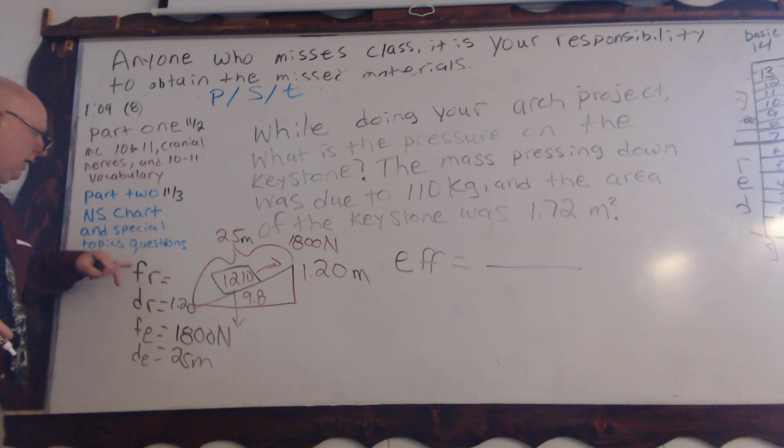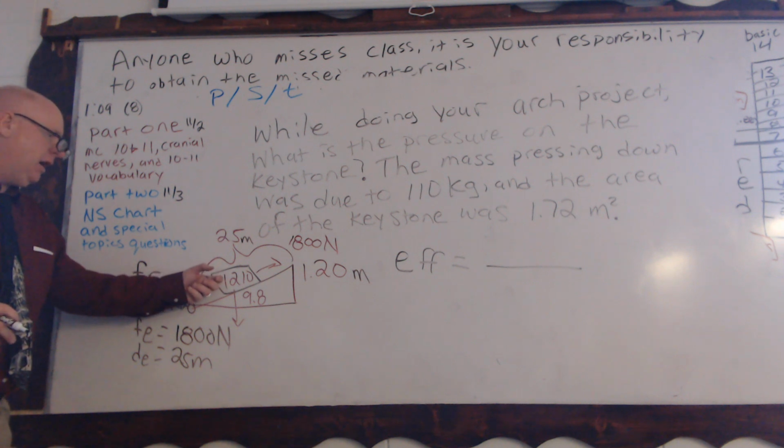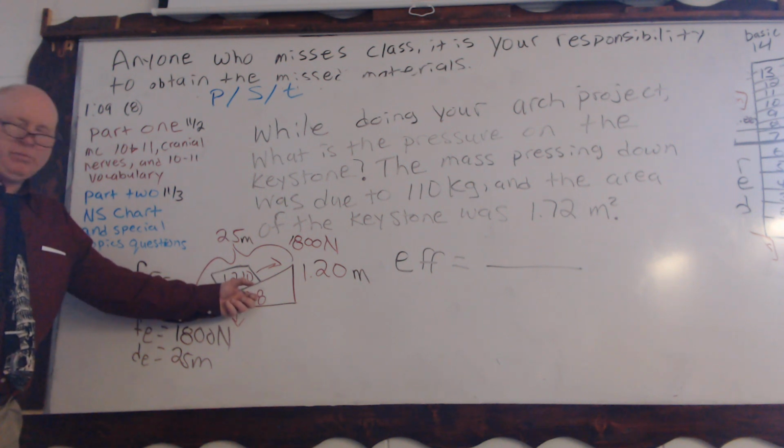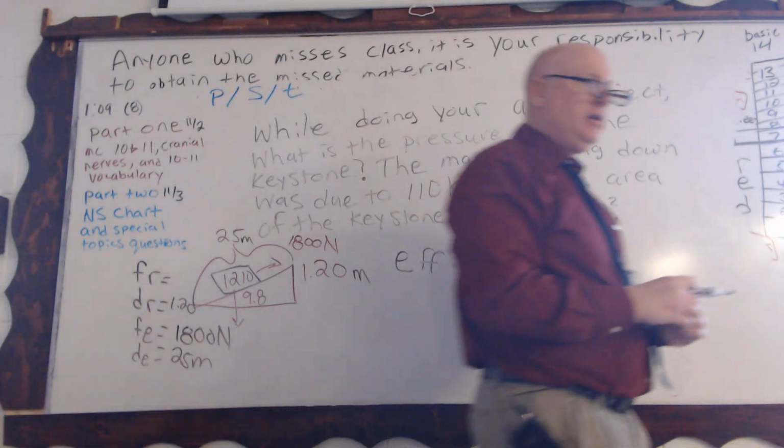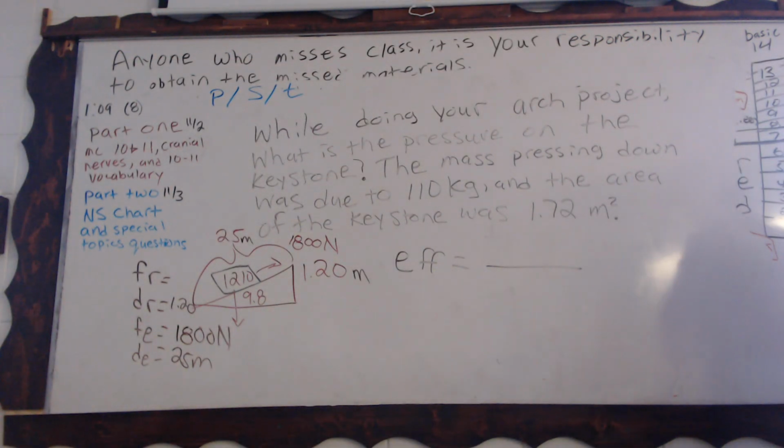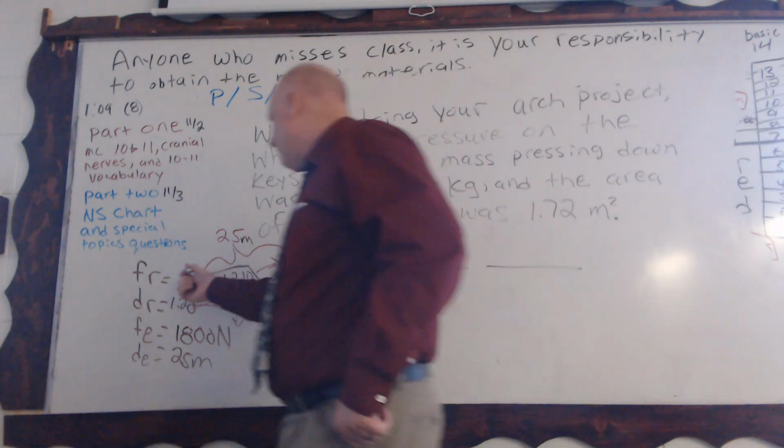Now, we have one variable left to go, but if this is kilograms and this is meters per second squared, that's labeling what two variables? If something is measured in kilograms and something's measured in meters per second squared, that's a mass and acceleration. Why is that so important? Because what can you get from mass and acceleration? Yeah, you can get a force, and that's what we're looking for right here, okay?